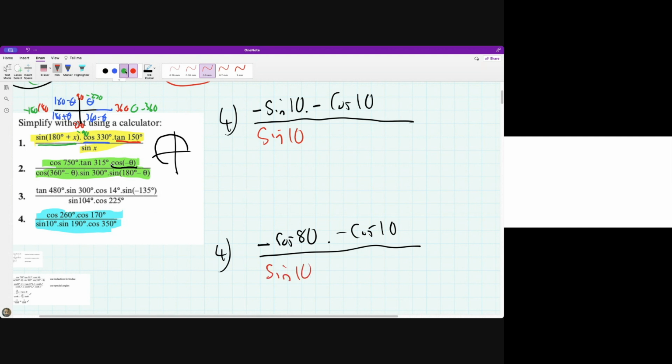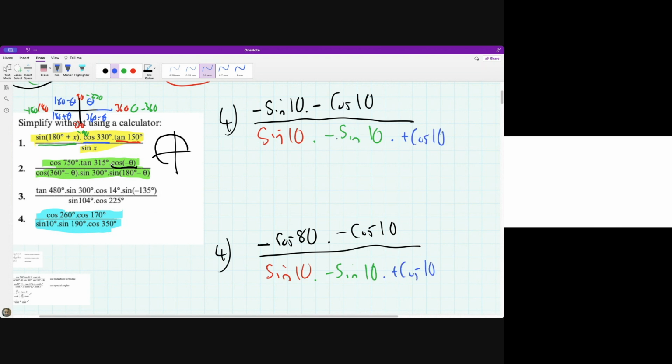What about the sine of 190? I think most people would go with minus sine 10, because I'm using 180 plus 10. And then the cos of 350, it's quadrant 4, so it's positive cos 10.